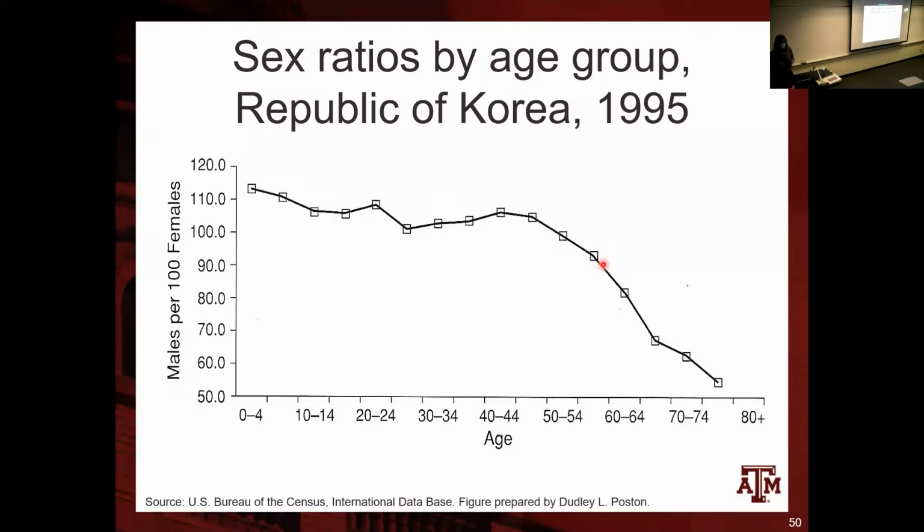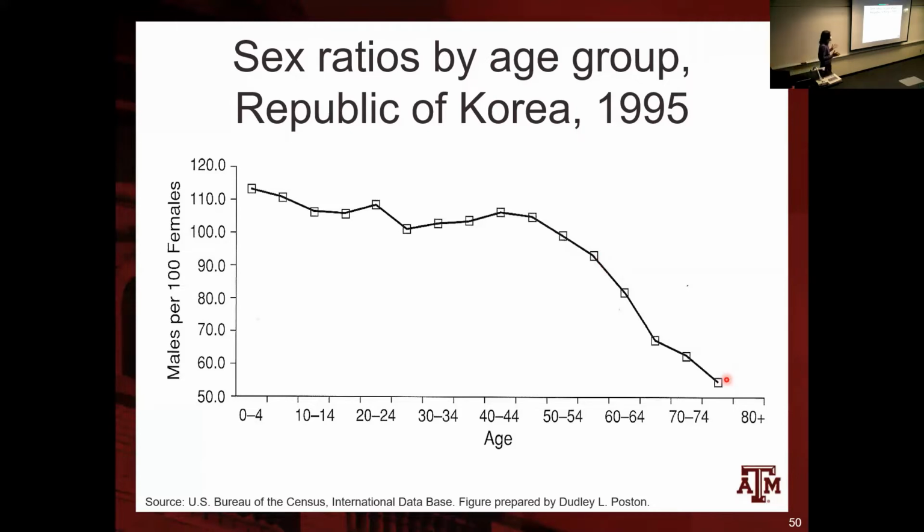Although the country might have a preference for boys being born, it is a society with more gender equality, where women have access to education, good jobs, and good health services. That makes them have lower levels of mortality and live longer, in other words, higher life expectancy at birth, while men die earlier than women, so you see a decline in the sex ratio for the older age groups.